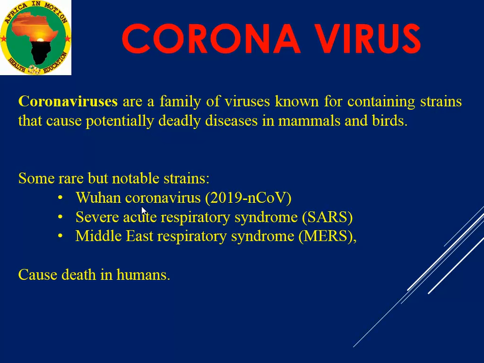Coronaviruses are a family of viruses known to contain strains that cause potentially deadly diseases in mammals and birds. Some notable strains: there is a current one that was given the name 2019 nCoV, the one in China. There is another one called Severe Acute Respiratory Syndrome, SARS, and Middle East Respiratory Syndrome, MERS.